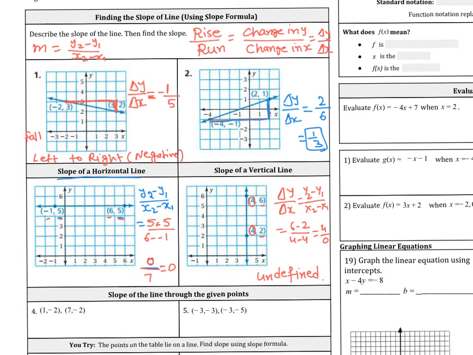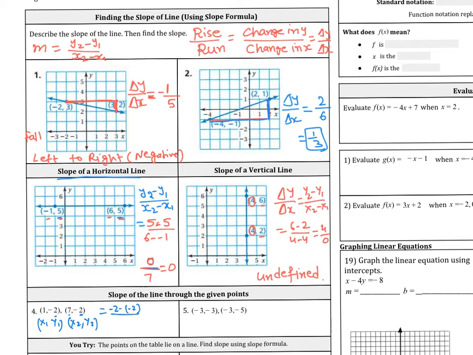Now let's find the slope given points, and number 4 is x1, y1. This is the first point, and the second point is x2, y2. And then we're going to apply the formula, that is y2 minus y1 divided by x2 minus x1.